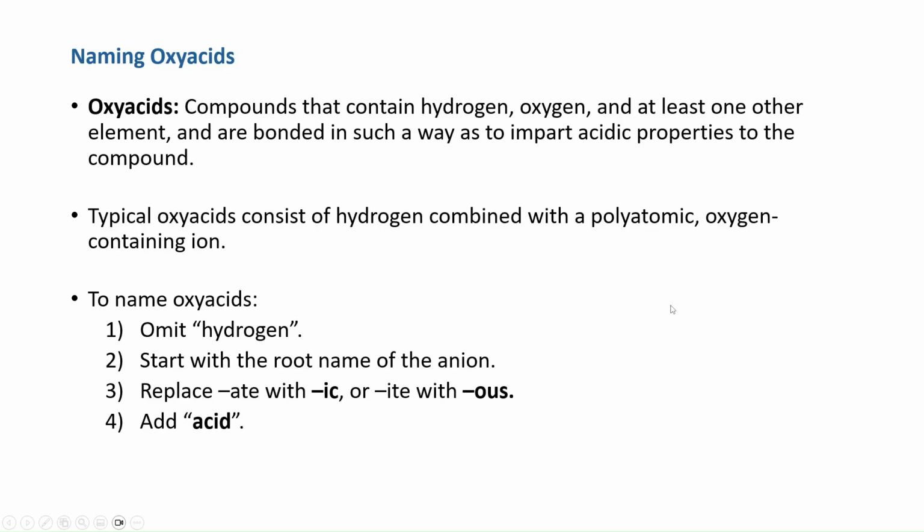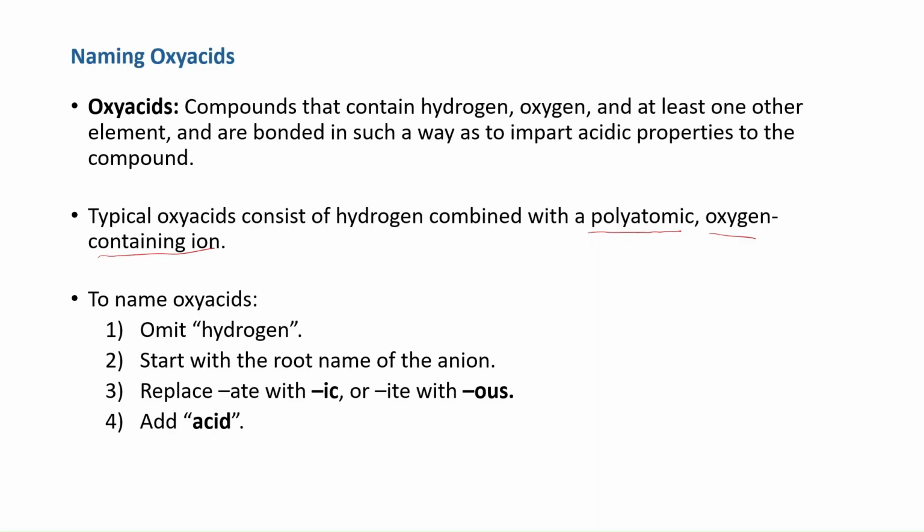What if you have oxyacids? Well, an oxyacid basically is an acid that contains a polyatomic oxygen-containing ion. Remember, we talked about oxyanions. Oxyanions can be bound to hydrogen and form an acid.